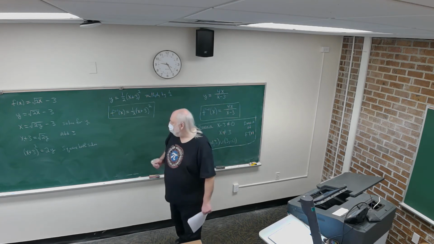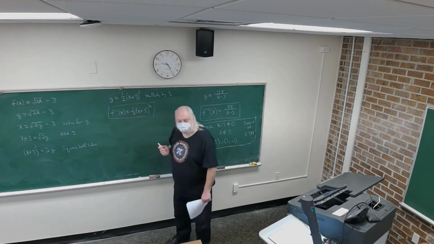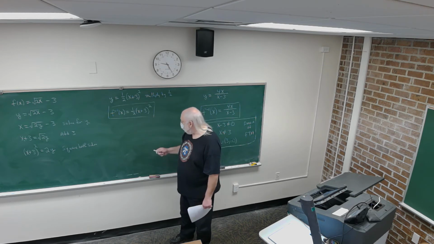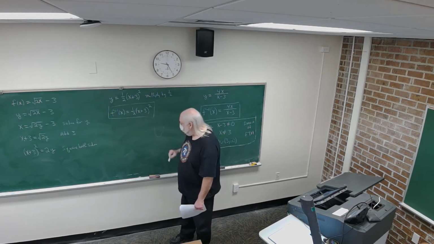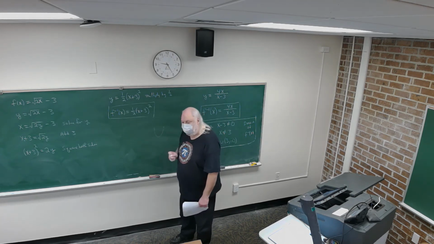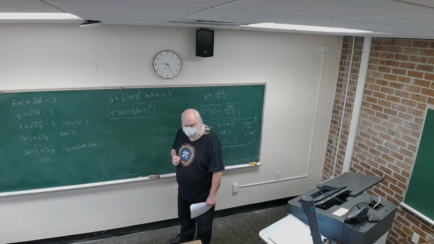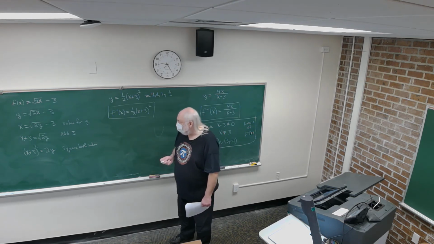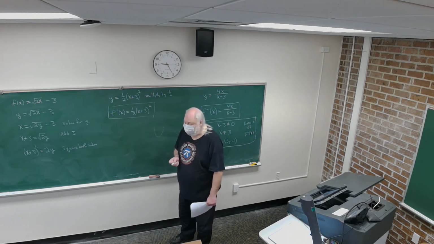Well, you should notice that our inverse function is a transformation on the squaring function, x squared, whose graph is a parabola. And parabolas are not one-to-one functions. So it appears that we went from f of x being a one-to-one function to its inverse not being a one-to-one function, and that's not possible.